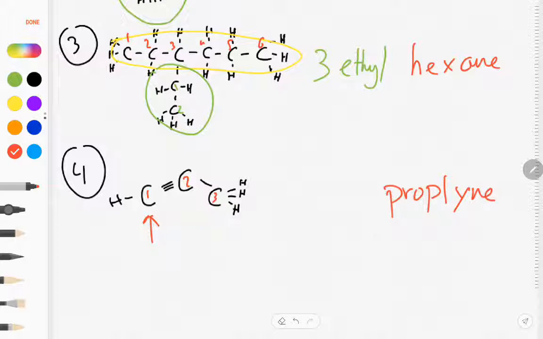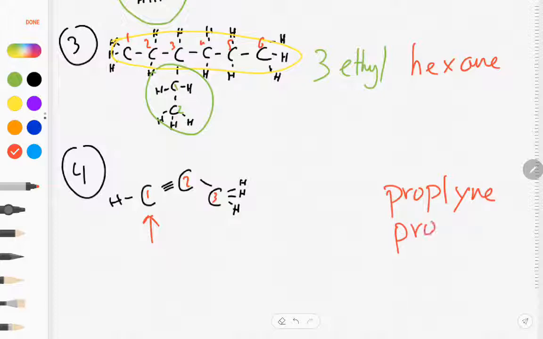Now, much like in mathematics where you don't have to write 1 in front of anything, it's always there, or 1 as a power, like you don't have to write 2 to the first power, 5 to the first power. It is what it is. So in chemistry, it's like the identity property. In chemistry, the same thing applies. If it starts on the first carbon, you actually don't have to write 1.